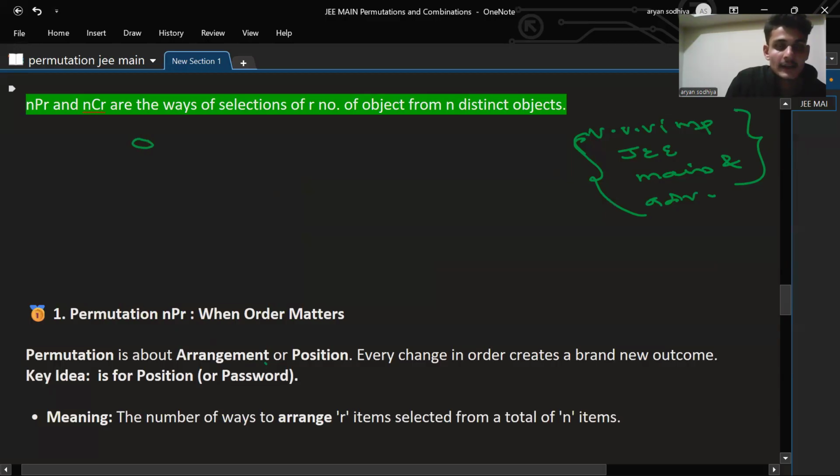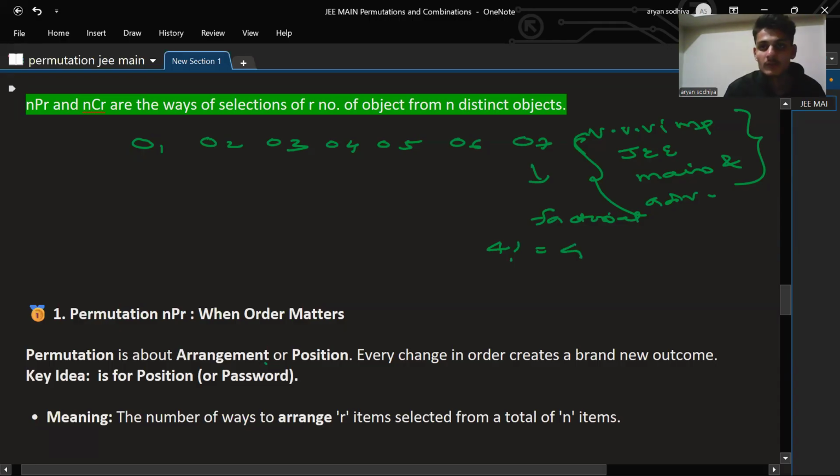Look, nCr: say I have various objects like O3, O4, O5, O6 and O7. Before understanding this, let's first understand one concept. What is factorial? Like 4 factorial. What is 4 factorial?